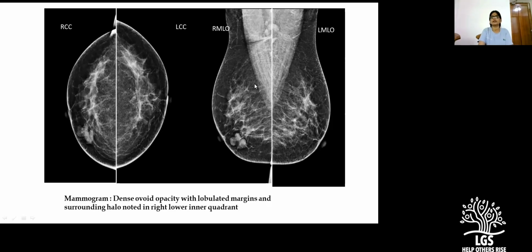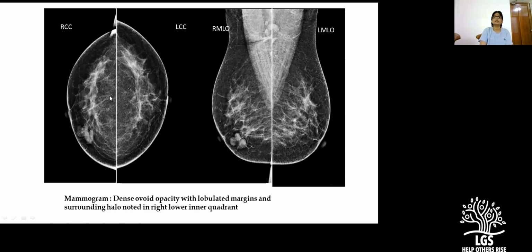So this should be at right angles. And the length of this line and this line should be within 1 centimeter of each other. Then you know both the views are taken well. And also the standard labeling we saw last time, the labeling of whether it's right craniocaudal or left craniocaudal, right MLO, left MLO, is always towards the axillary end.